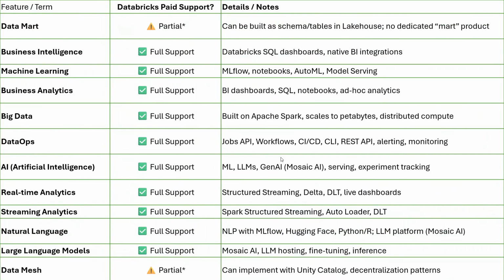For big data, you remember that Databricks is built on Apache Spark, which can scale to petabytes, right? You can automate everything, use the data and implement DataOps. That means you can create pipelines, workflows, alerting, monitoring, REST API, CI/CD, jobs, everything you have at Databricks. You can practice AI. For that, you have experiment tracking, serving, MLflow.